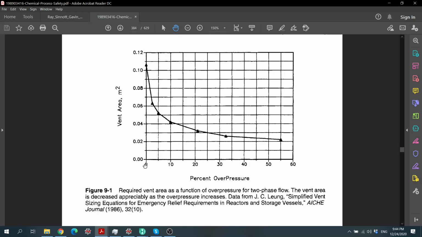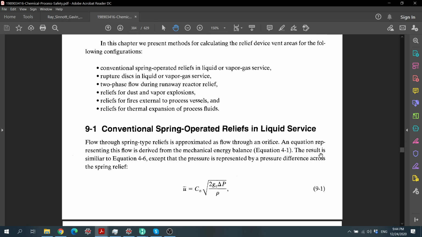It's simply because you have a higher delta P. For example, 10 minus 1 atmosphere is 9, compared to 10.1 minus atmospheric. So we have a decrease in the size of the PSV.